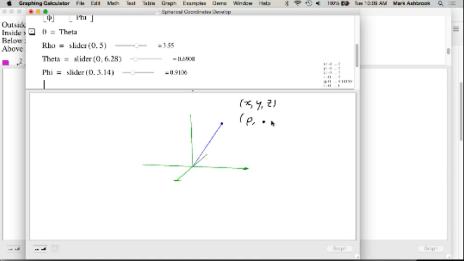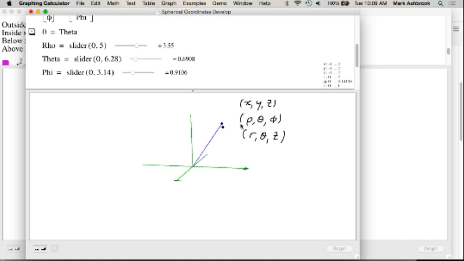Could be defined as rho, theta, phi. Or r, theta, z. So we want to see how all these things play together. So let's sketch out what x, y, and z would be.